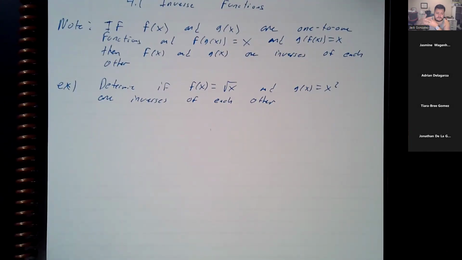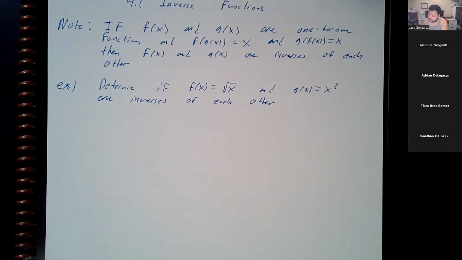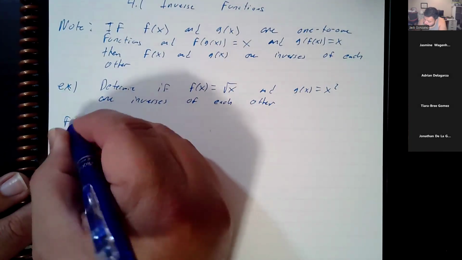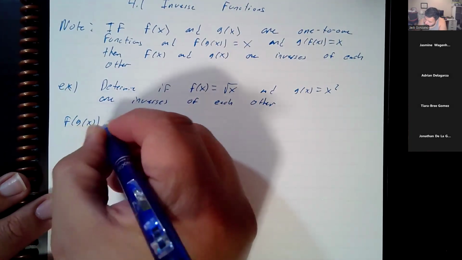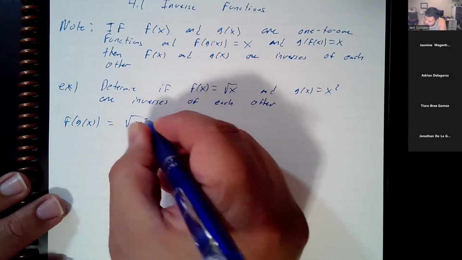So you just compose them and see if they cancel. And if you end up with an x, then yeah, they are inverses. So f of g means square root of x squared, right?